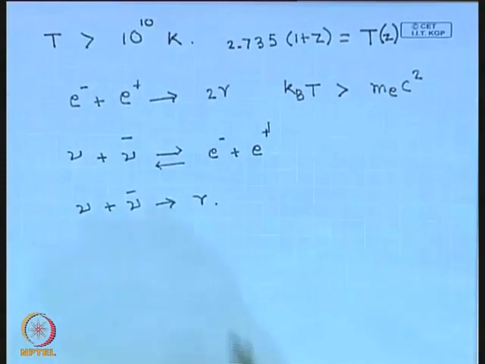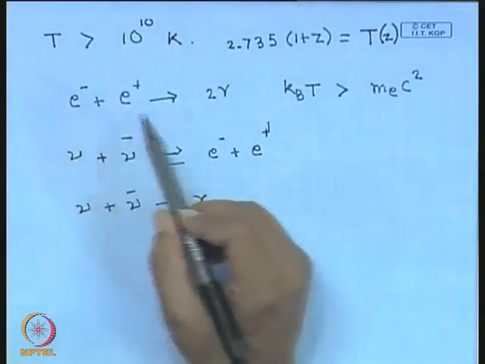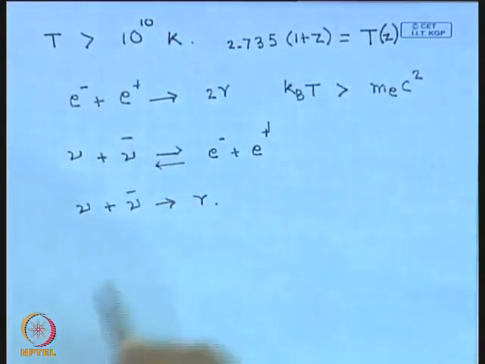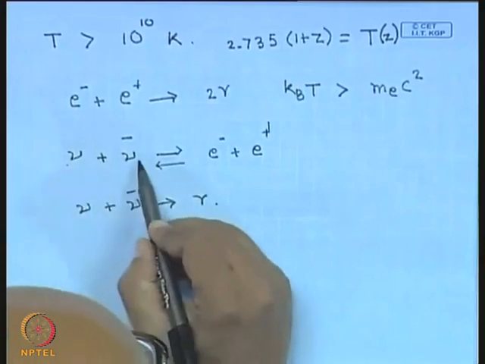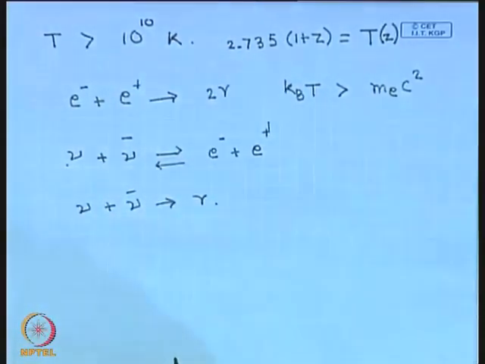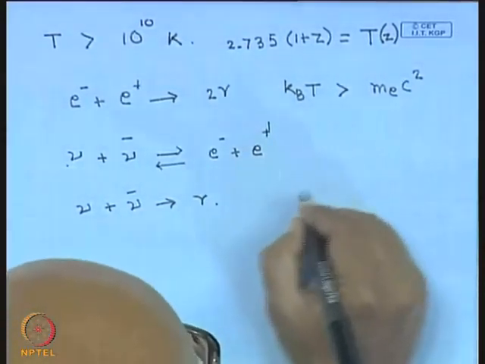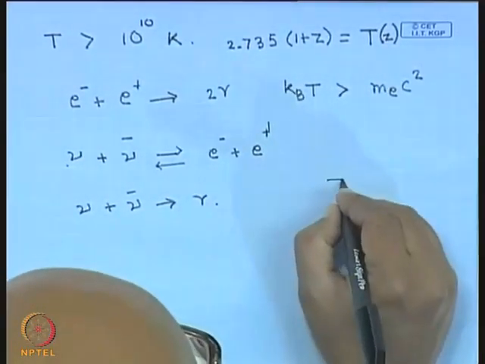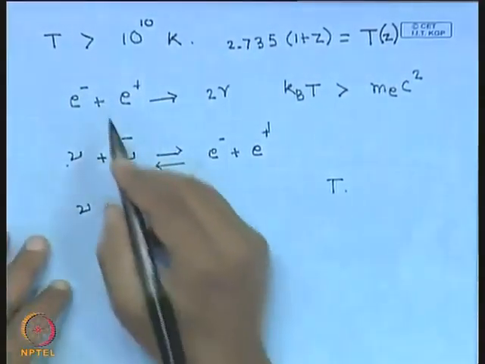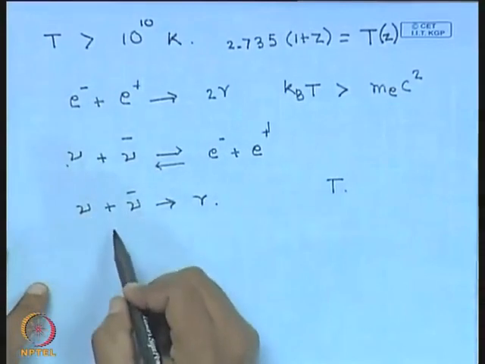At these temperatures greater than 10 to the power 10 Kelvin, the CMBR is adequately hot so that it can produce electron-positron pairs. The photons will be in equilibrium with the electron-positron pairs, and also in equilibrium with the neutrinos. And they will all be at the same temperature, let us say it is T. So at temperatures higher than this, we have all these three things in thermal equilibrium.